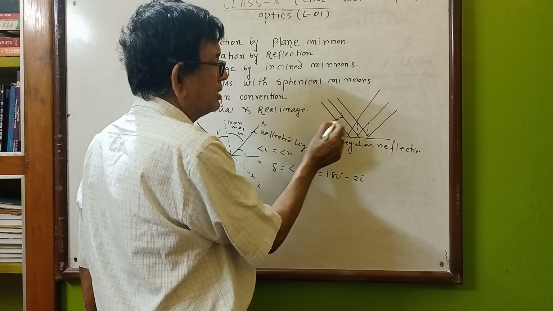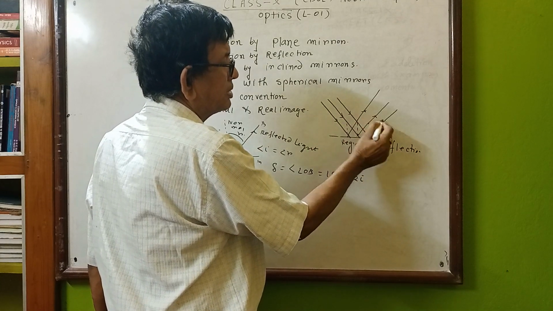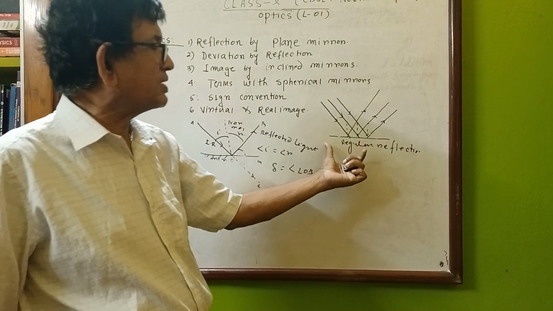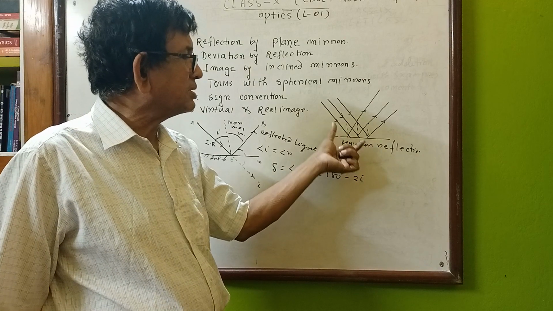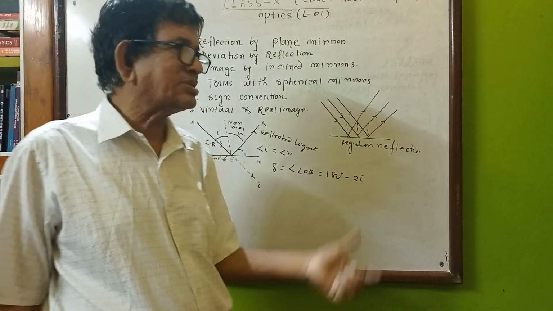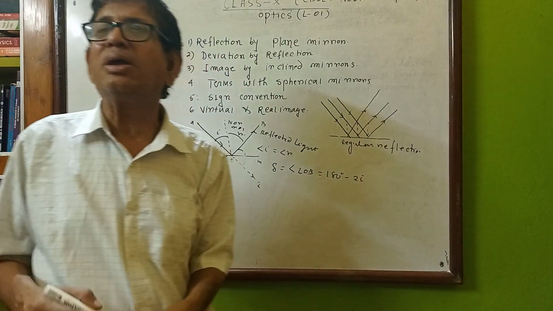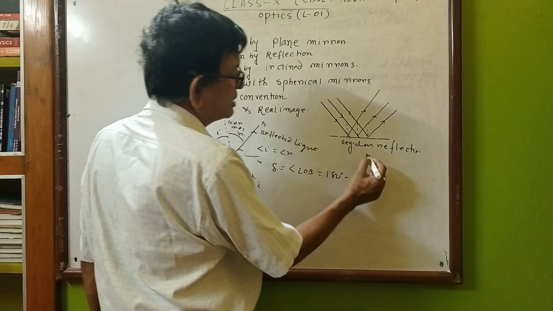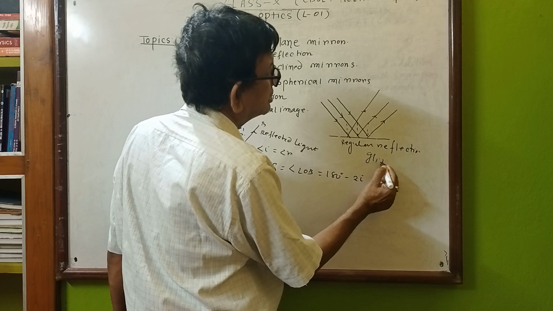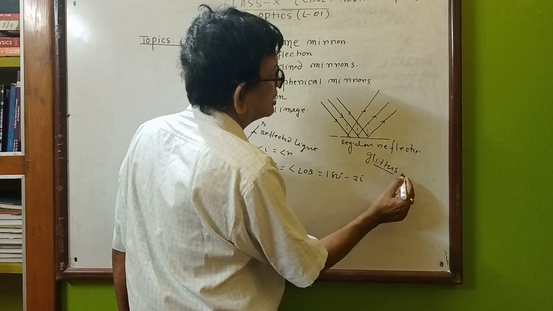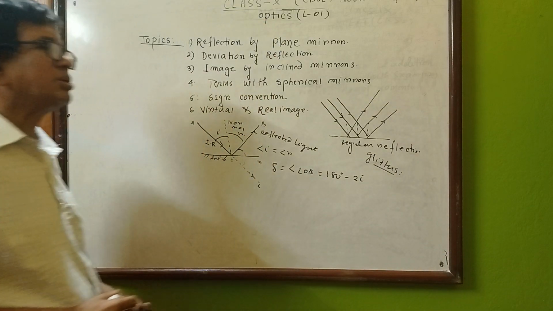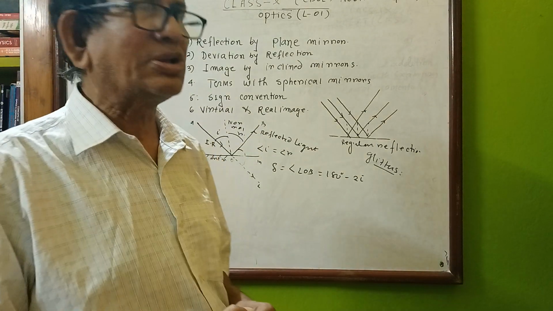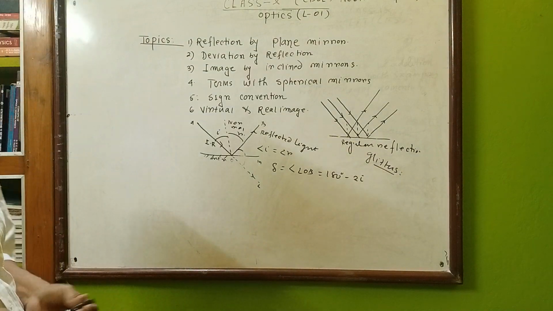So parallel incident rays, after reflection from a smooth surface, reflect parallel. As a result, that portion from where regular reflection takes place glitters. So in a mirror or polished shoe, everything glitters because regular reflection takes place.